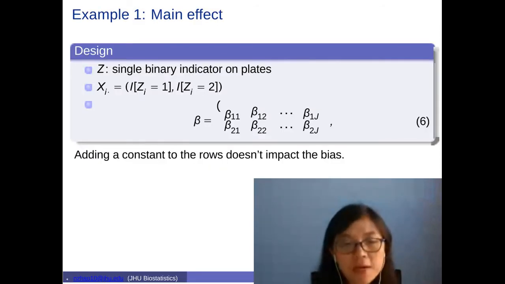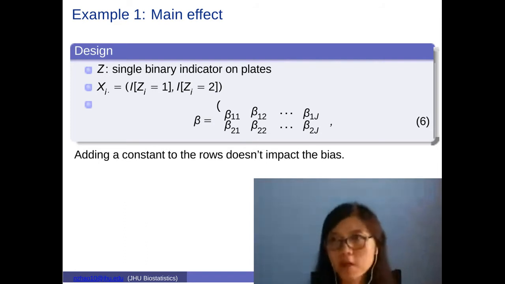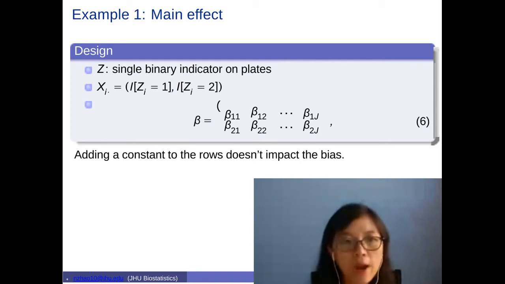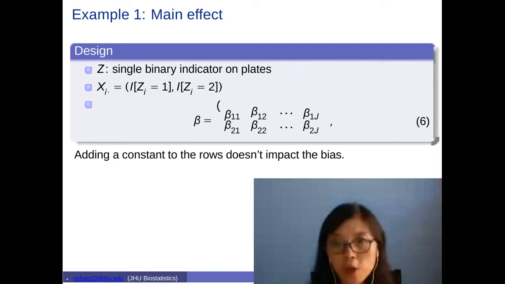I can give some examples to really show why the model is over-parameterized. Suppose we have two plates. Our X will be two indicators: if the sample was processed in plate 1, it will be 1 in the first column, and if it's processed in plate 2, it will be 1 in the second column. Then our beta will be a 2 by J matrix, where J is the total number of species. In the Brooks data, that is 7.